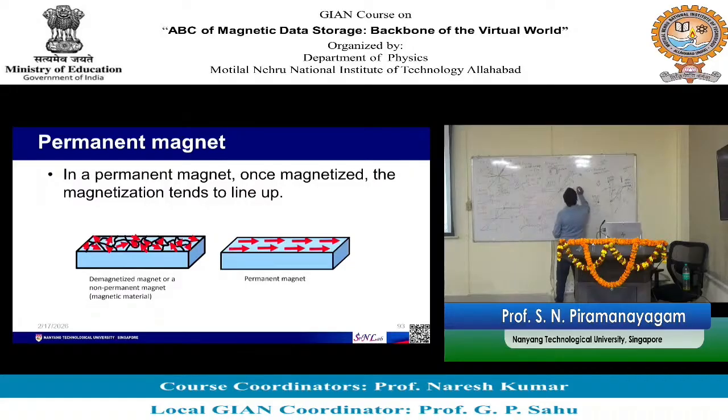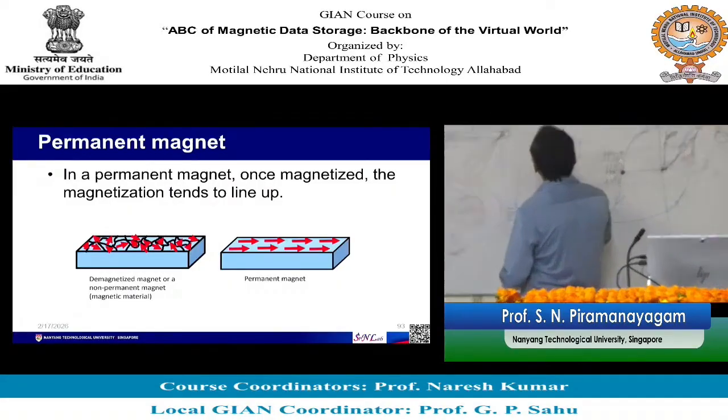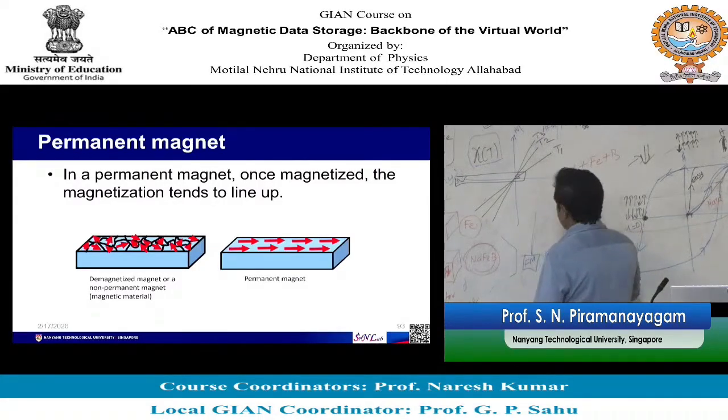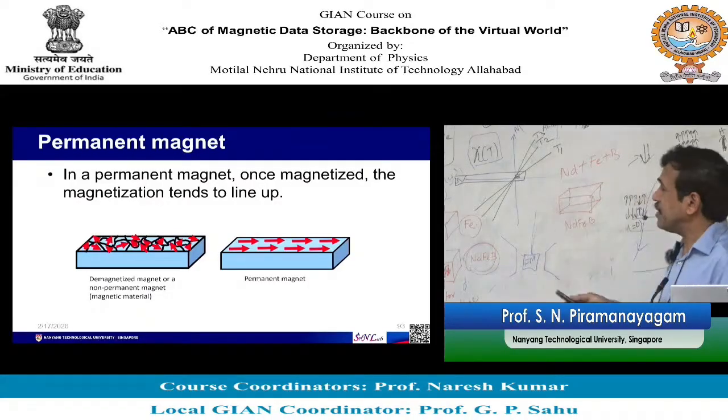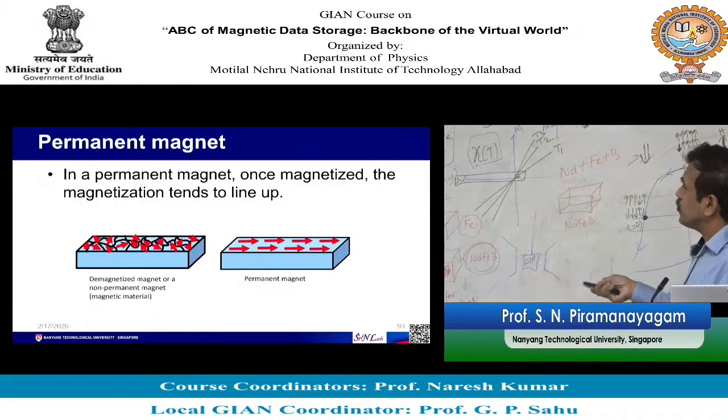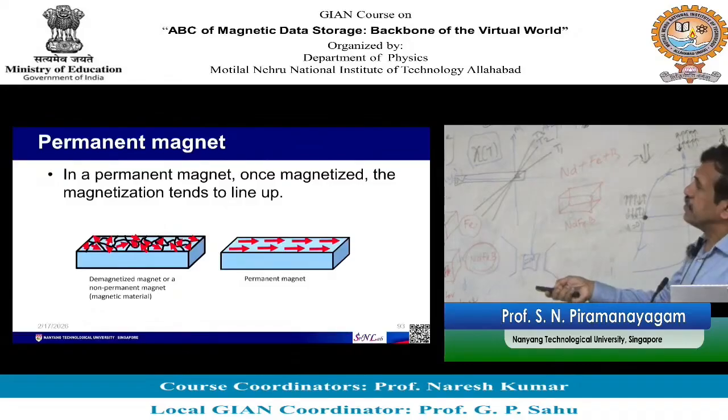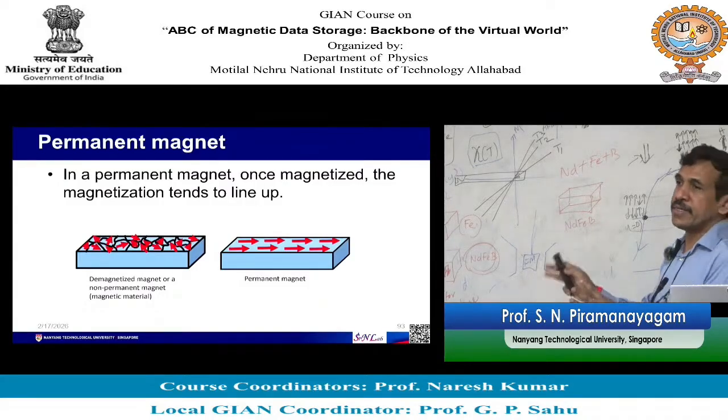So, you mix neodymium iron boron powders, then you press them into this shape, for example. Then also you have a piece of neodymium iron boron. Okay. So, when you make a fresh piece of material like that, in that material also you will see that the magnetizations are in random direction.